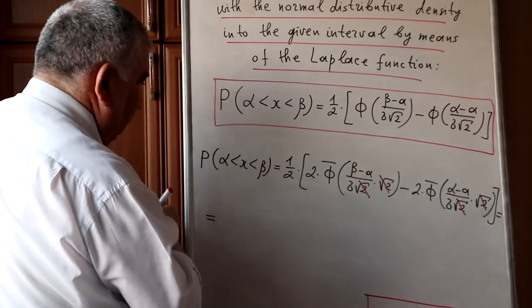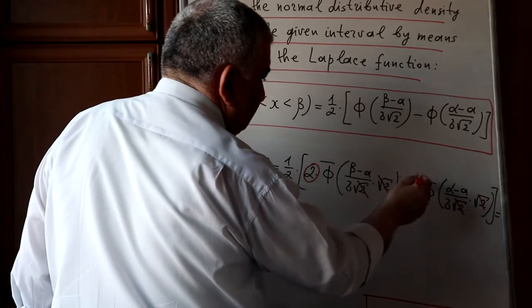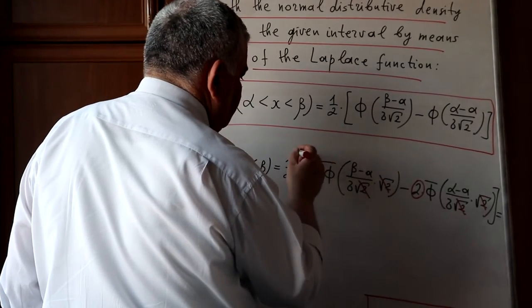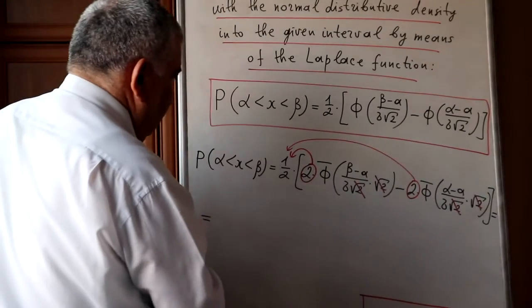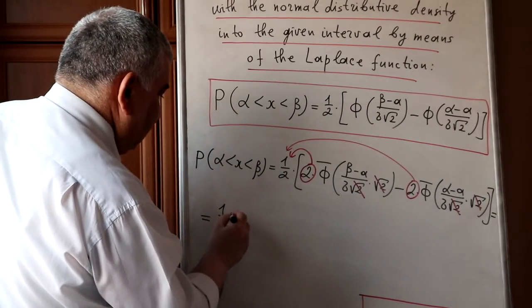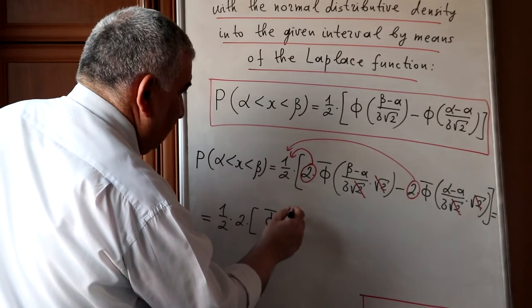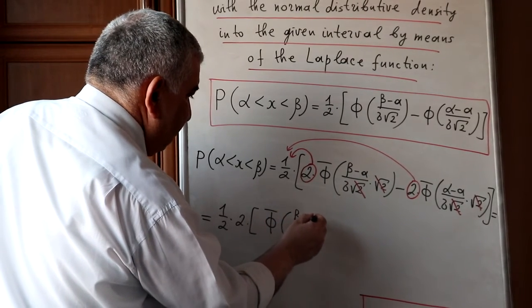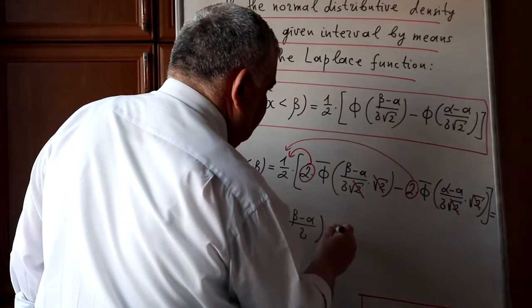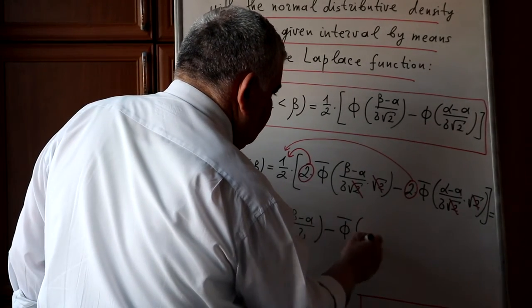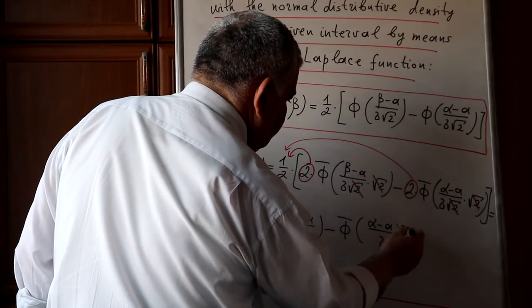And here we can take 2 out of the brackets. 1 second multiplied by 2 multiplied by phi bar of beta minus a over sigma minus phi bar of alpha minus a over sigma.